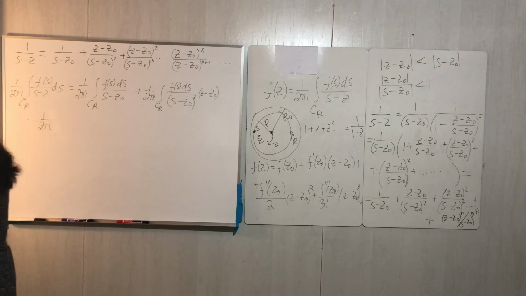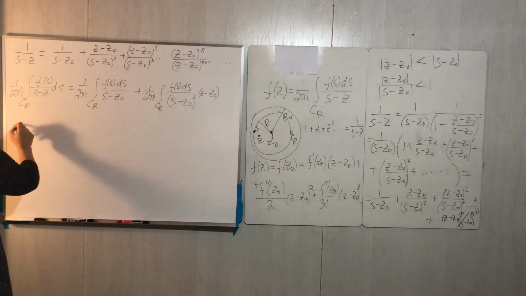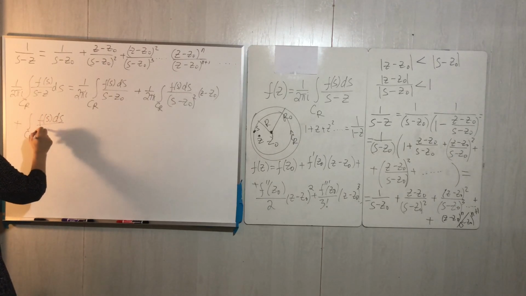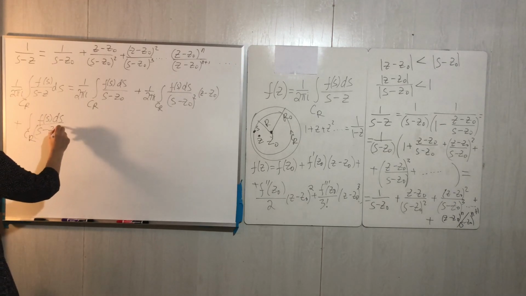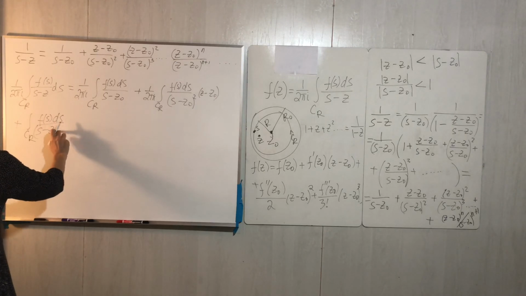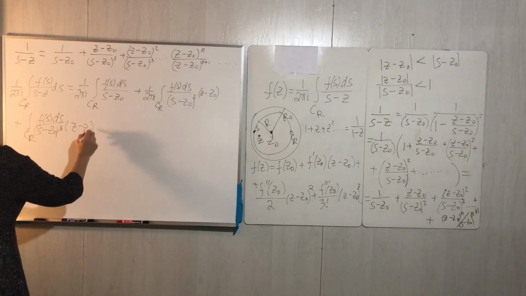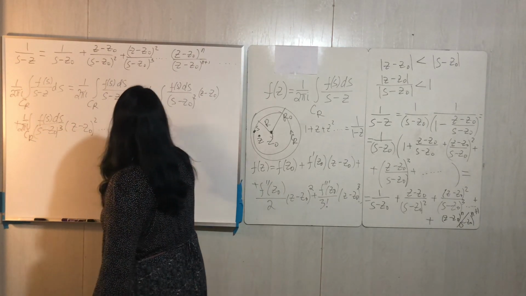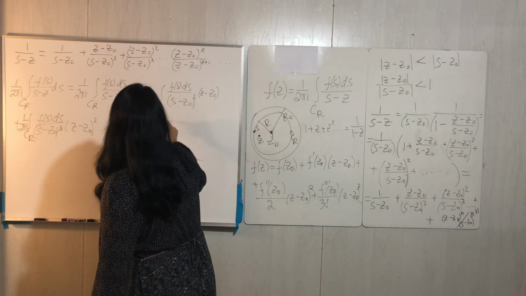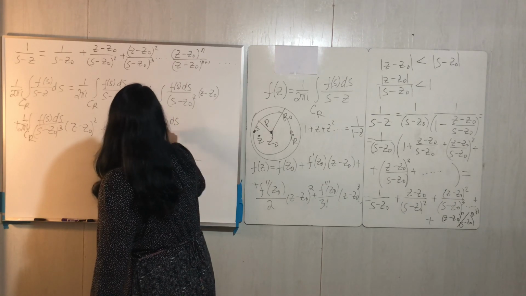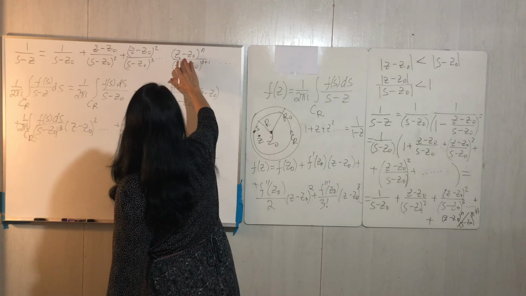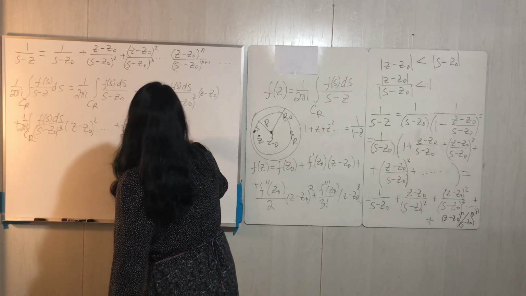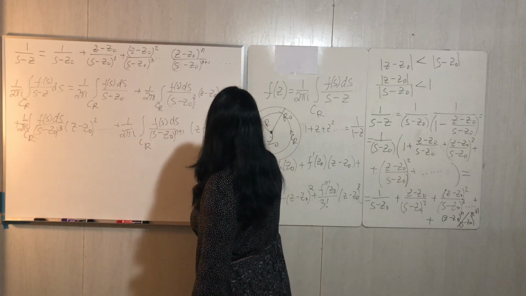Maybe I should write the second term as well, and then the general one: 1 over 2 pi i integral along CR of f of s ds over (s minus z sub 0) cubed times (z minus z sub 0) squared, and then plus 1 over 2 pi i integral CR of f of s ds over (s minus z sub 0) to the n plus 1 times (z minus z sub 0) to the n.